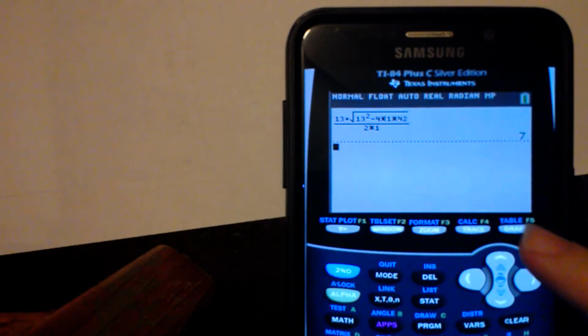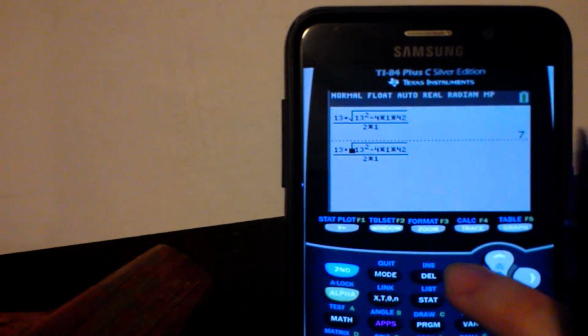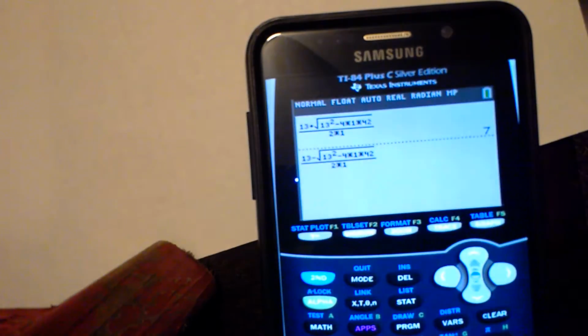And then arrow down 2 times 1. I get 7. So I'm going to arrow up, highlight that stuff, press enter, and I'm going to change that plus square root to say minus. Not negative, but minus. So I'm going to use the minus sign over here. And you get 6.